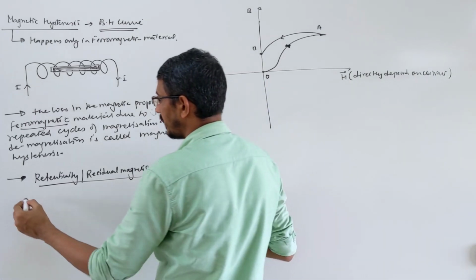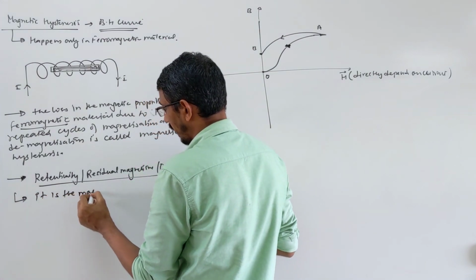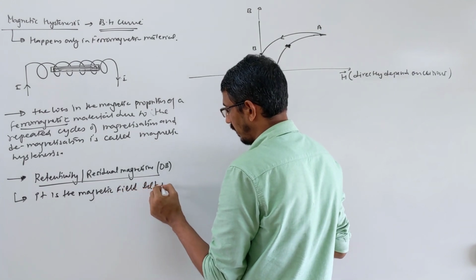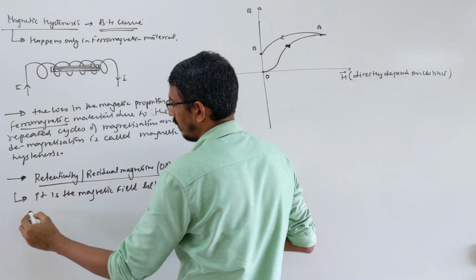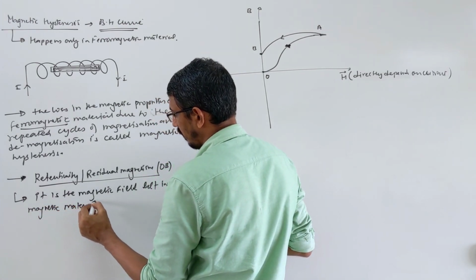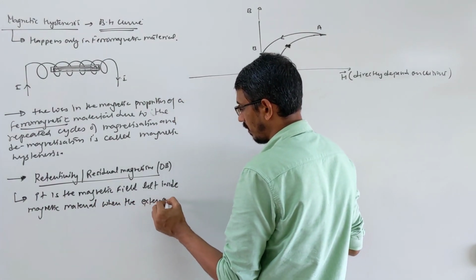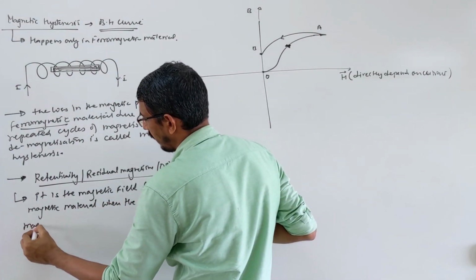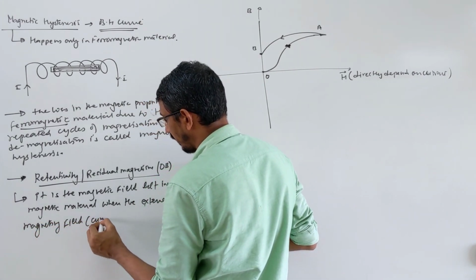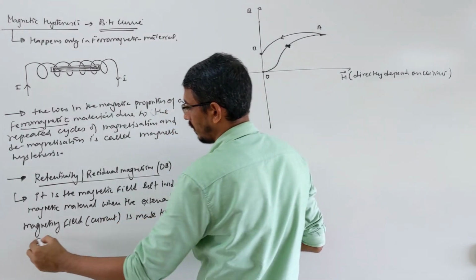So let's write a few words here. It is the magnetic field left inside the magnetic material when the external magnetizing field, that is H, or simply you can say current, is made 0.